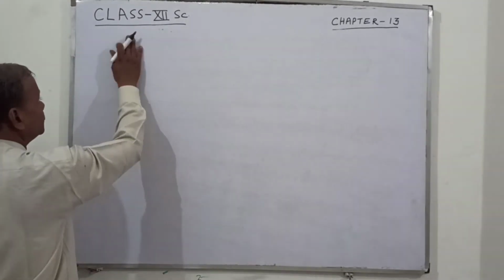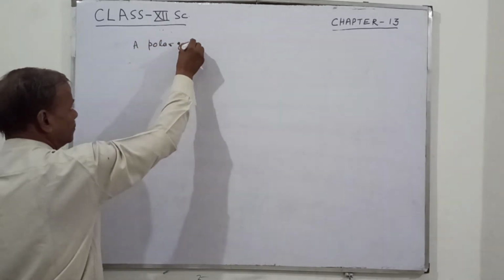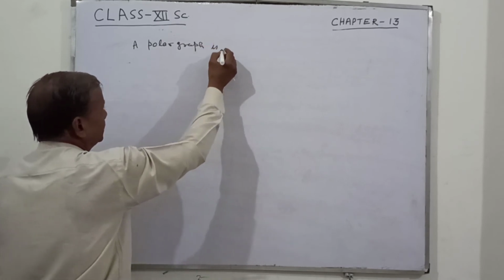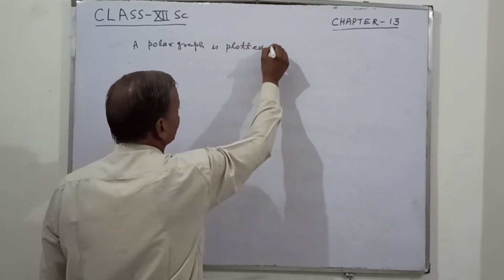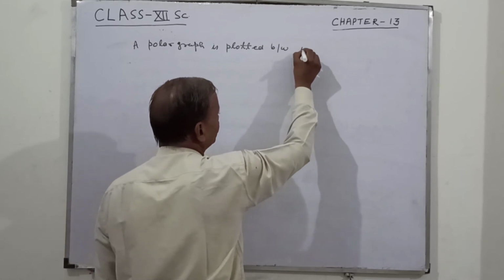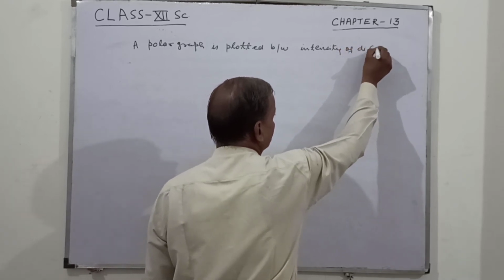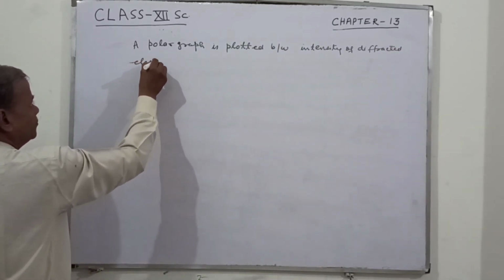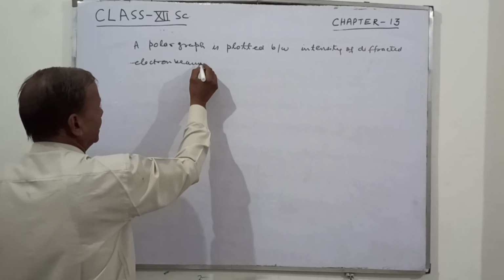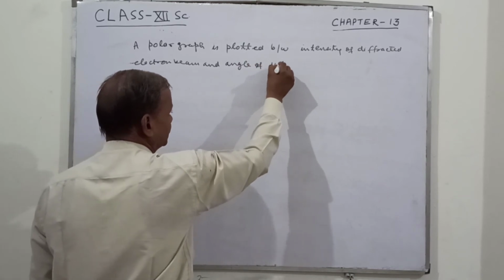A polar graph is plotted between the intensity of the diffracted electron beam and the angle of diffraction.